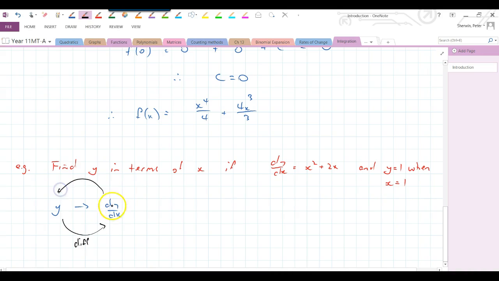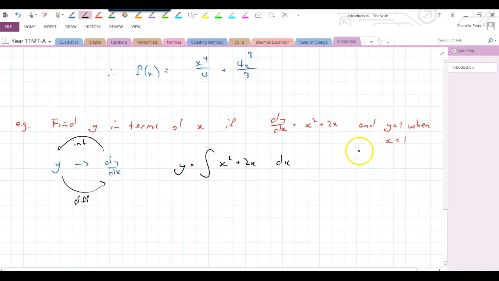If we're given dy dx as we are here, and we want to find out what y is in terms of x, then we're integrating. So y will be equal to the integral of x squared plus 2x with respect to x. This business here is going to be my find c information.